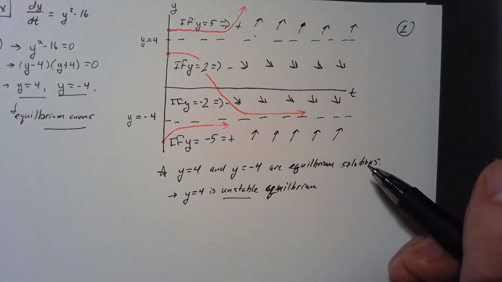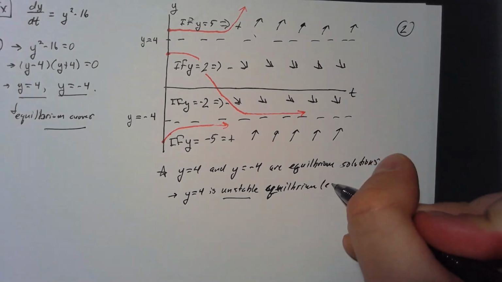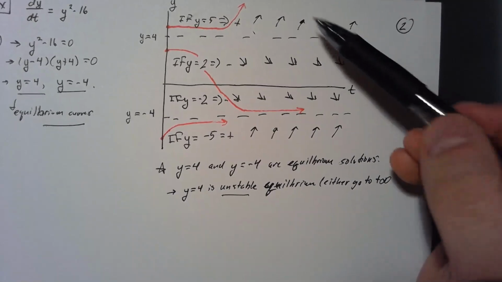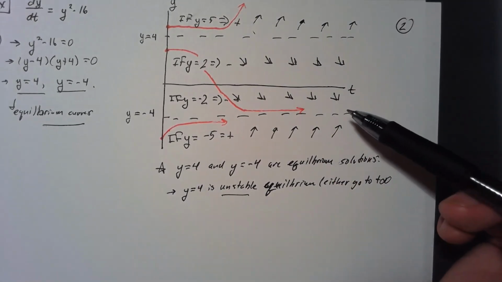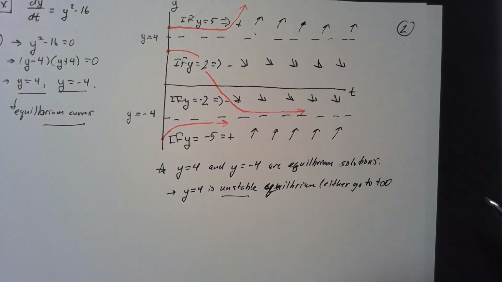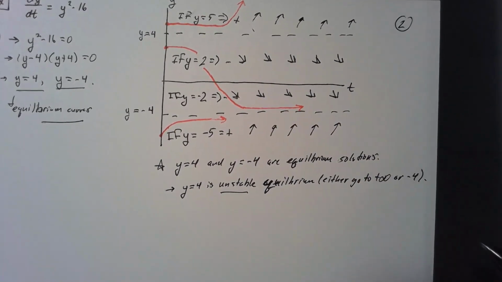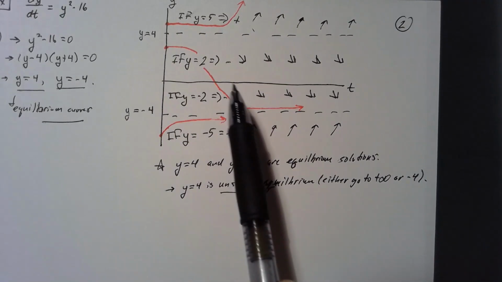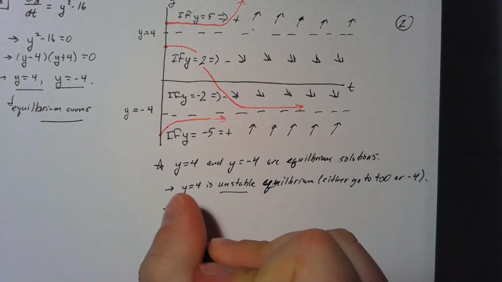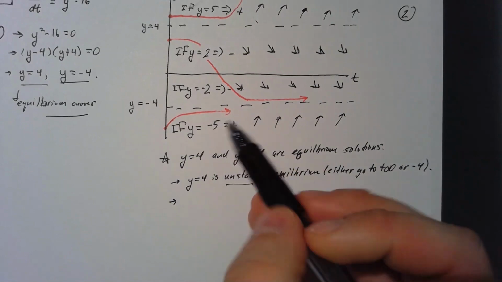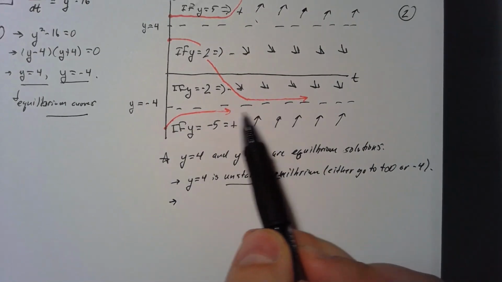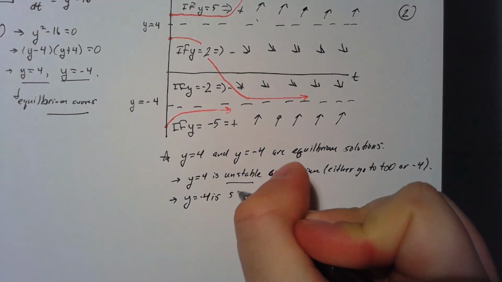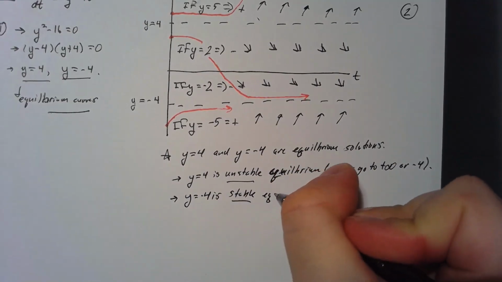So you're either going to go to positive infinity, right? That's above the curve, or you're going to go to what? You're going to go to -4 if you're below the curve. So you're either going to go to positive infinity or converge to -4. And by similar argument, what kind of equilibrium is -4? Well, the solutions are converging towards it, so that is stable equilibrium. So y equals -4 is stable equilibrium.